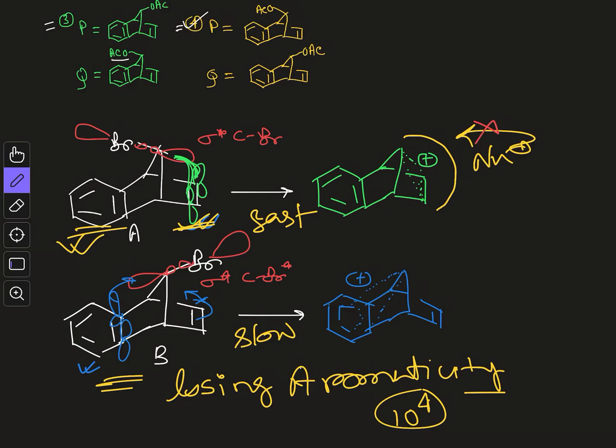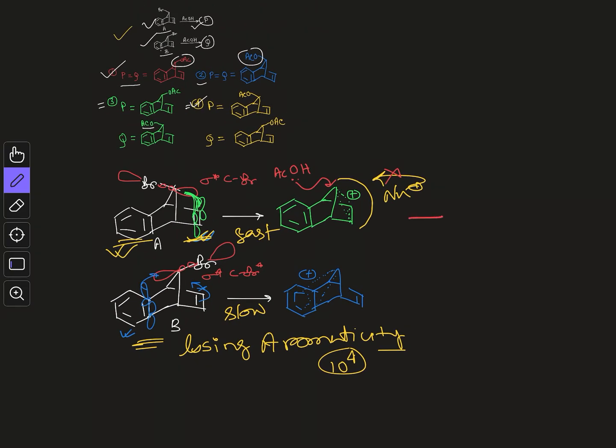In this case the nucleophile is acetic acid, AcOH. So it has only the option to attack from this side. If it attacks from this side, what product will you get? You will get this product, and you have this OAc group over here.